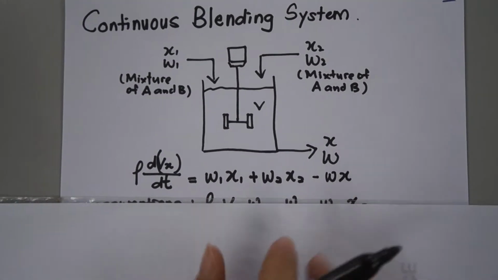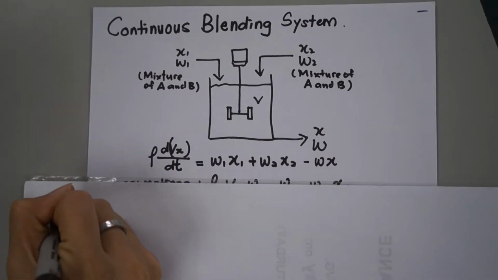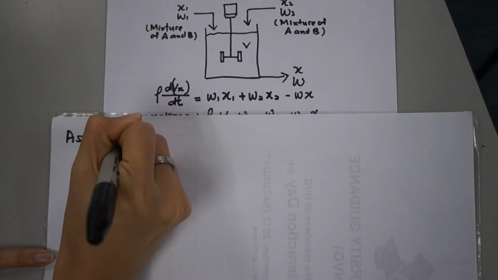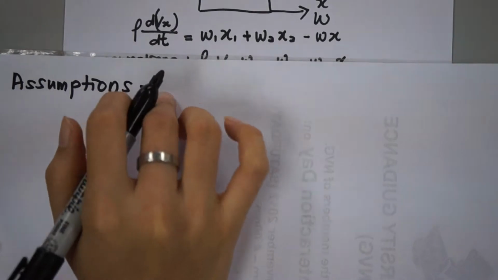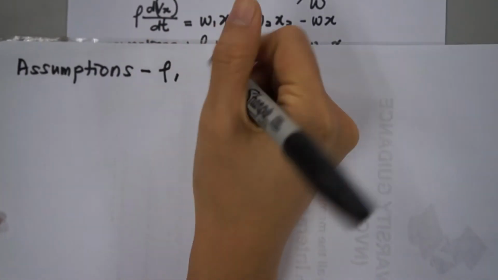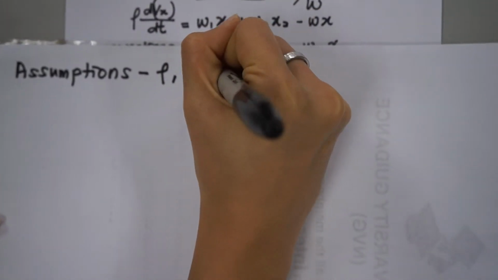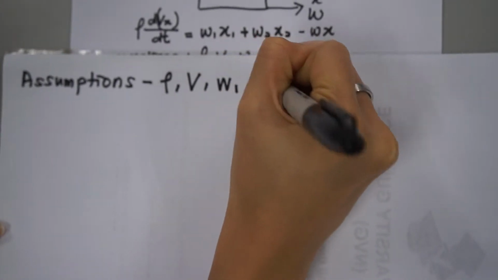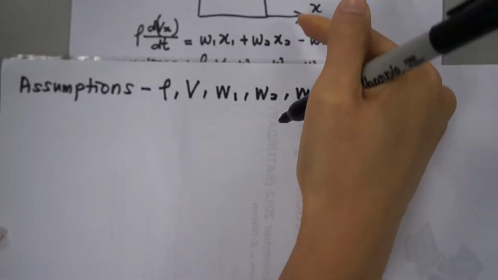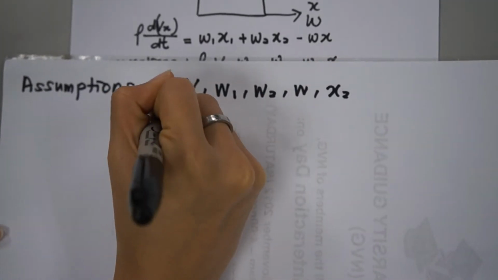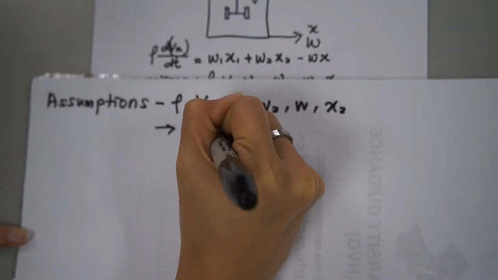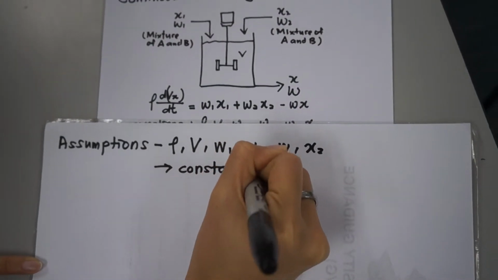Okay, to start off, we'll make a few assumptions. This is to simplify our job. We assume that the density of the liquid, the volume of the liquid, mass flow rate 1, mass flow rate 2, the final mass flow rate, and at the same time x2, all of these are constants.